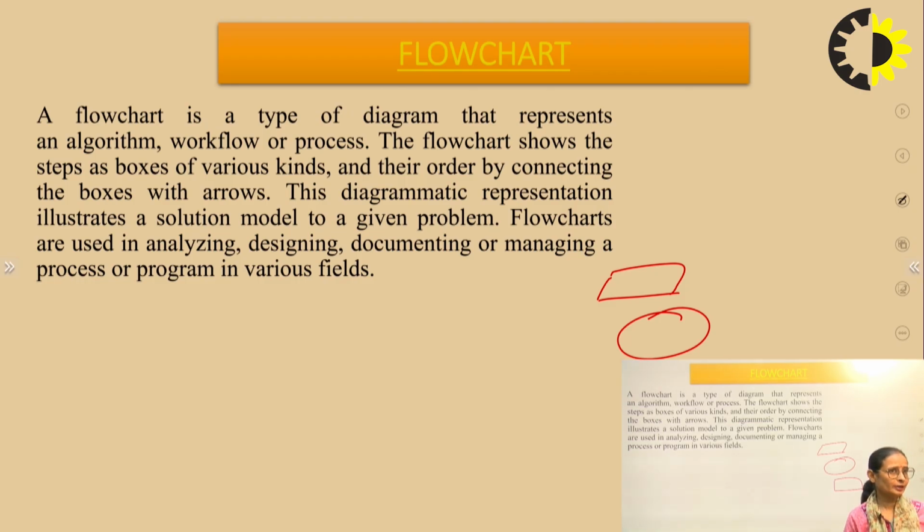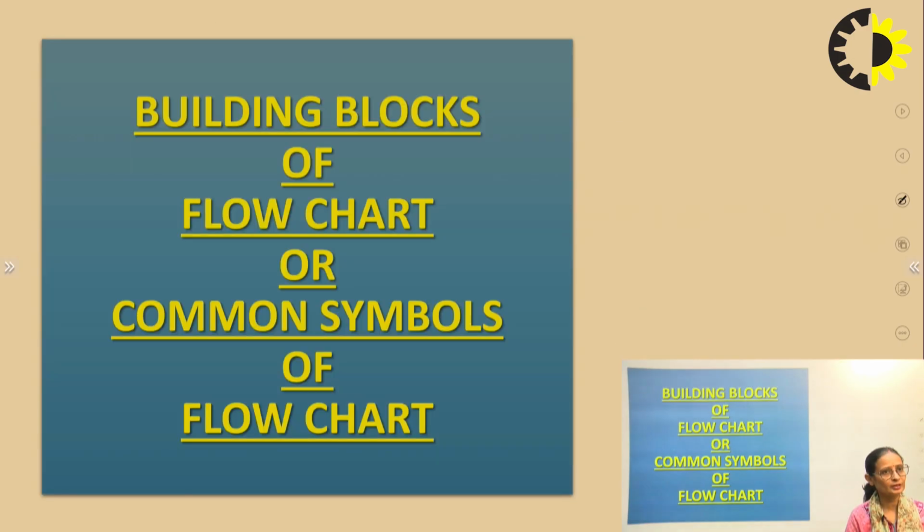This diagrammatic representation illustrates a solution model to a given problem. Flowcharts are used in analyzing, designing, documenting or managing a process or programs in various fields. So now we will see what are the building blocks of flowchart or the common symbols of a flowchart.